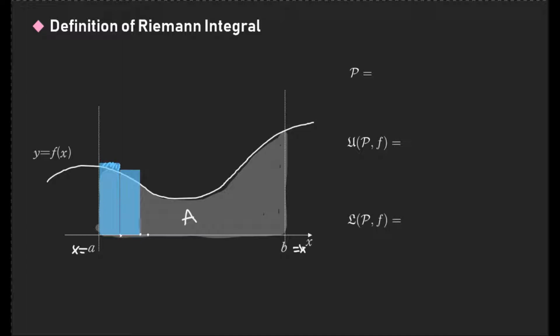We first define the partition points. Traditionally, this is x0, this is x1, and this is x2.